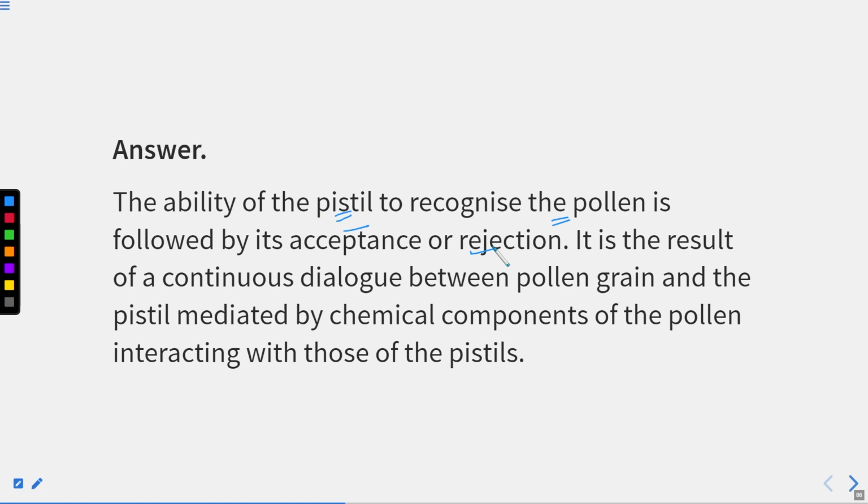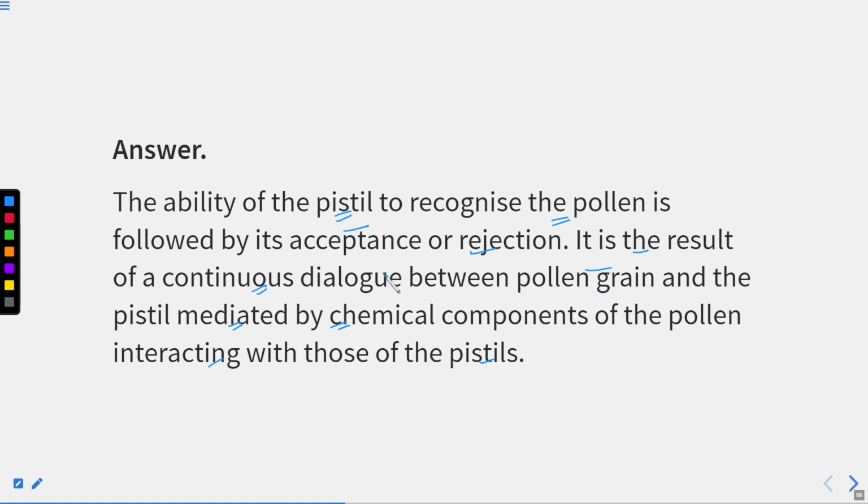Now, the ability of the pistil to recognize the pollen is followed by its acceptance or its rejection. So it is the result of continuous dialogue between the pollen grain and the pistil-mediated chemical components of the pollen that interact with those of the pistil. So what happens when the pollen lands on the stigma?